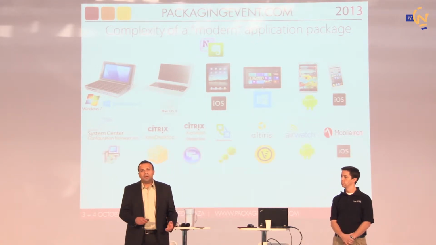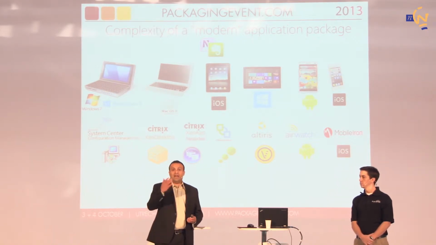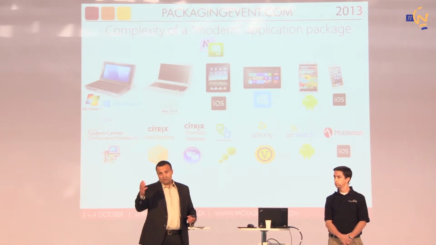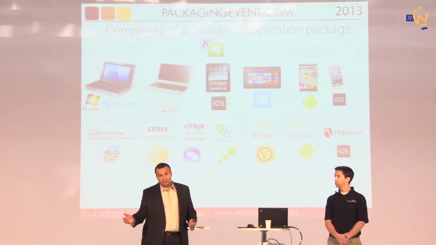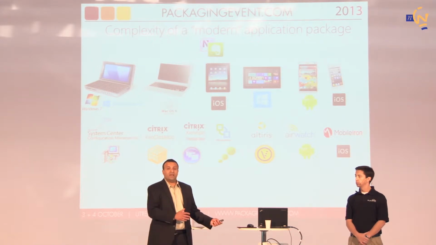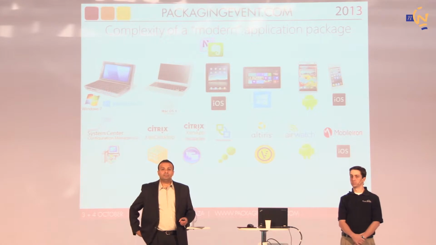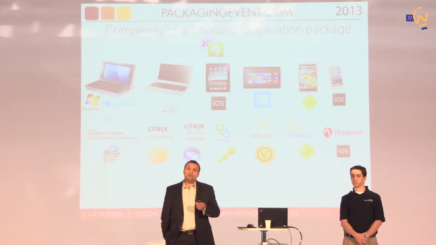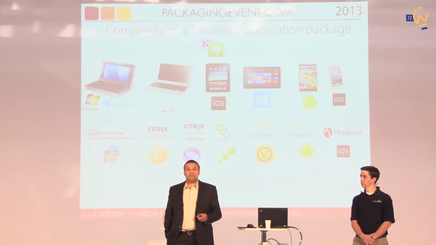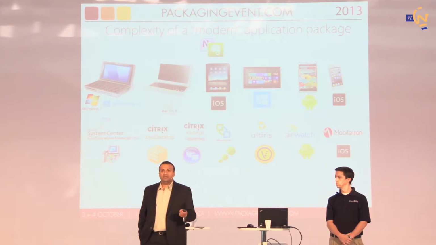And then you have a number of different package formats out here. Now, we talked about the MSI. We have an AppV package that can be deployed either on a XenApp presentation server or on a XenDesktop, or it can also be sent over via SCCM to be streamed directly on a laptop. We have a ThinApp package that could be delivered via VMware View on an iOS device, be it an iPad or an iPhone.